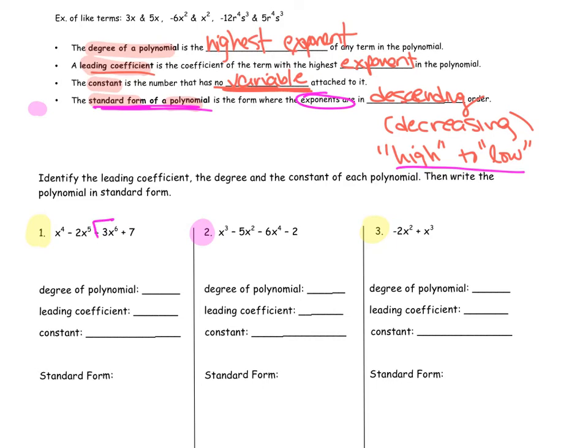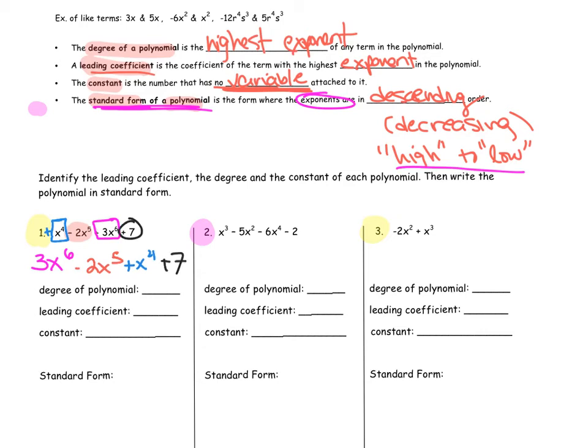Our first term for standard form has to be 3x to the 6th. Our second term is negative 2x to the 5th. Our third term, because again it has to go from high to low order for the exponents, will be plus x to the 4th. There's an invisible plus sign here. And then lastly, we have plus 7.